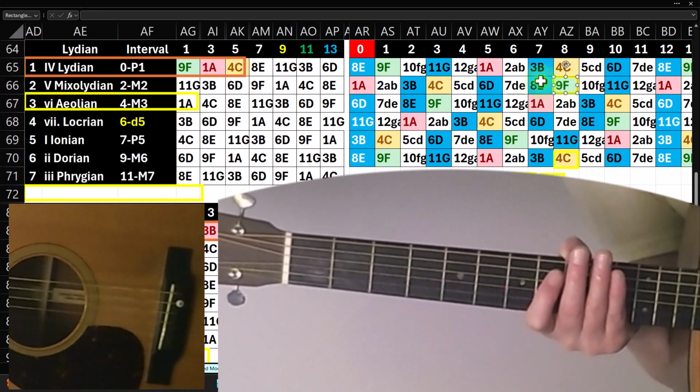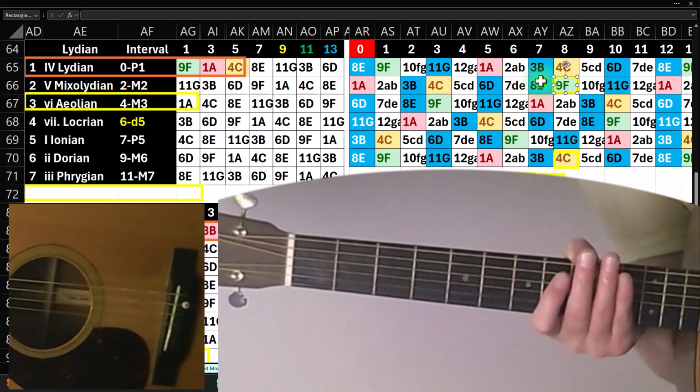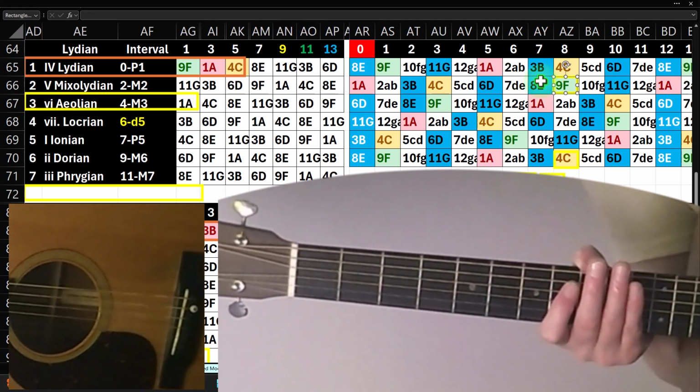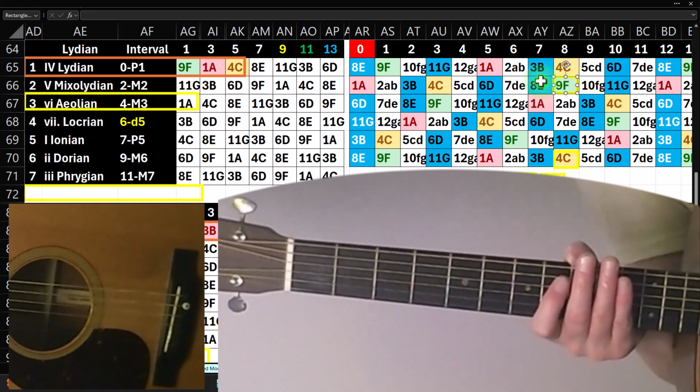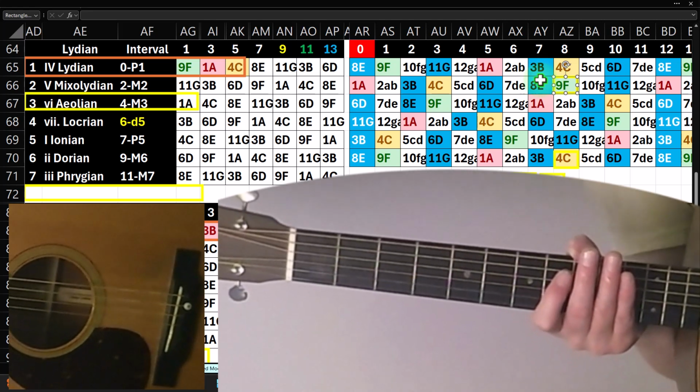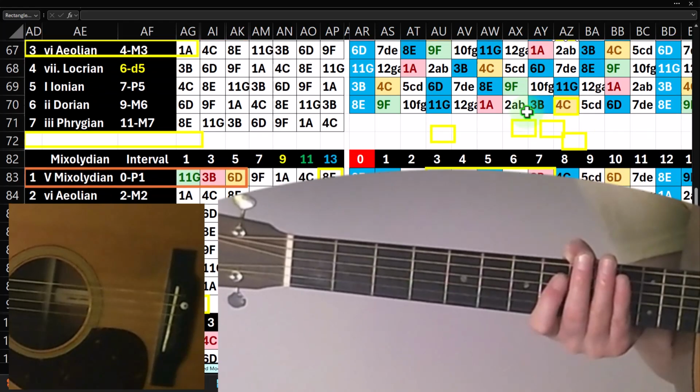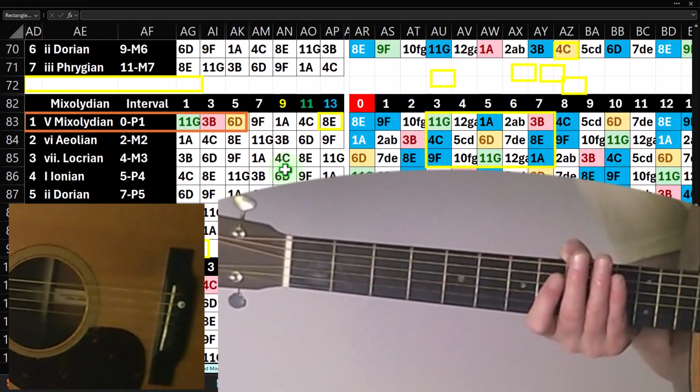It'll sound more like a major versus a minor, right? There's a big difference between the sound of an F Lydian and an A minor or C major even, right? And then we'll do the same for the Mixolydian.